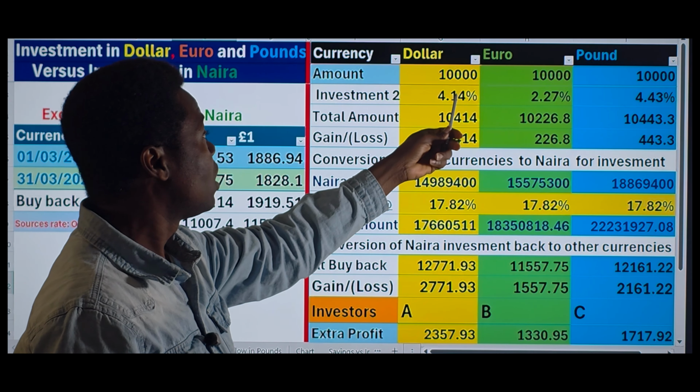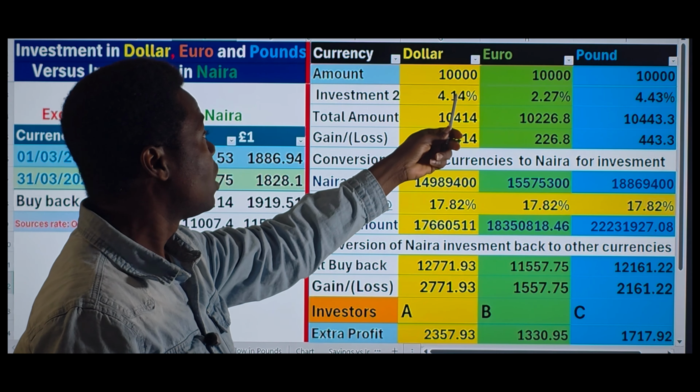For him to be able to do that, he will look at the exchange rate as at 1st of March 2025, which is $1 to Naira was 1,498.94 Naira. You use this amount to multiply this $10,000, he will arrive at 14,989,400 naira.